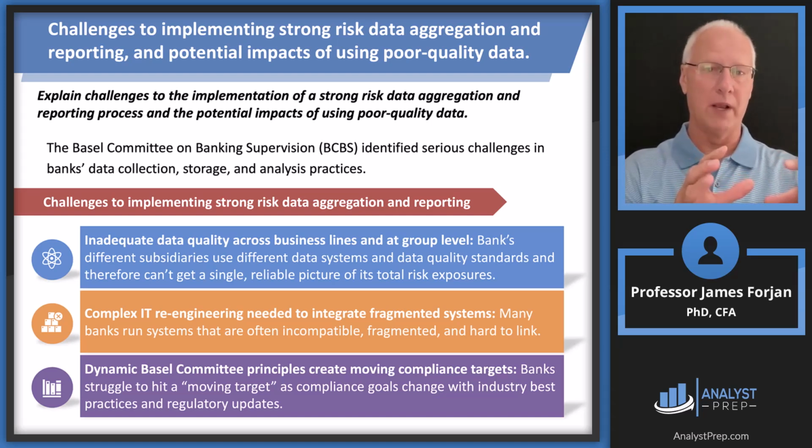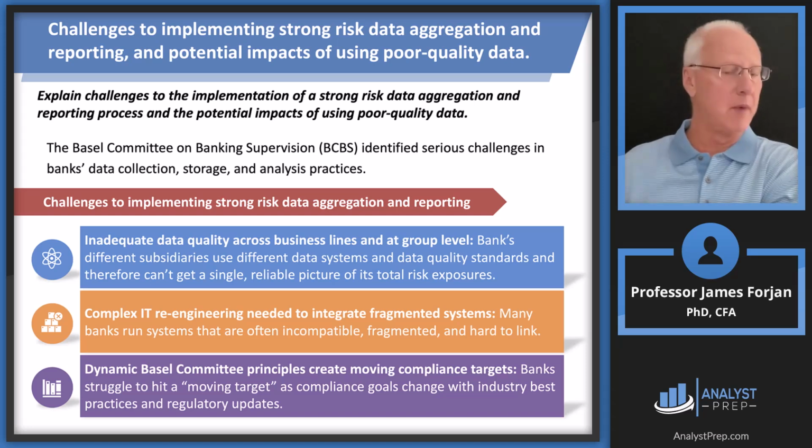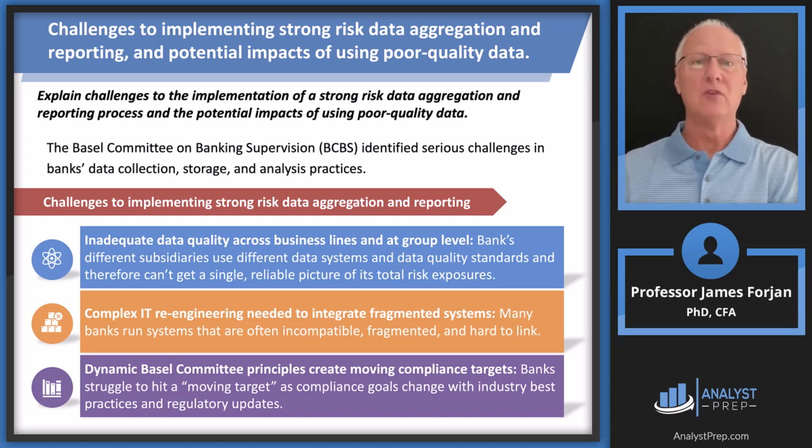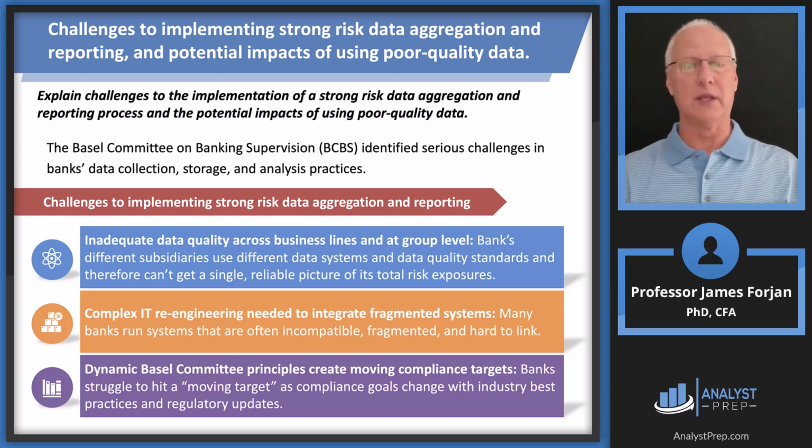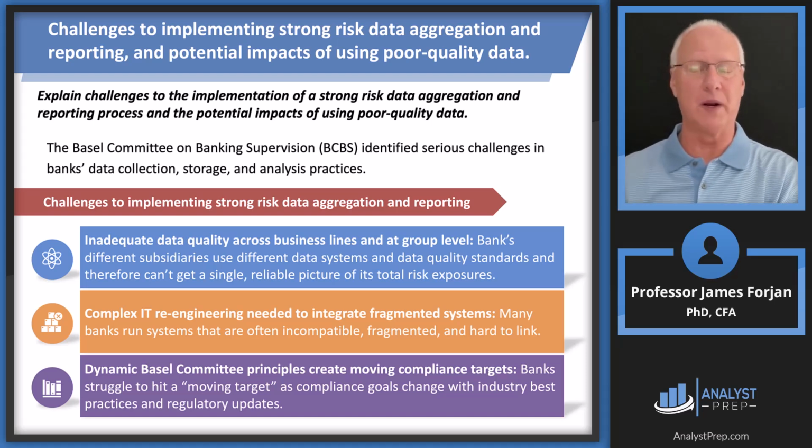And so what might hold true with the tier 1 or the tier 2 today, that might be different tomorrow. So if we have this effective data aggregation, we'll be able to respond to, I don't like to think of it as a moving target because that sounds like you're kind of moving the goalpost or changing the rules. But essentially, these principles are enabling banks to respond to the dynamic changes in the marketplace.